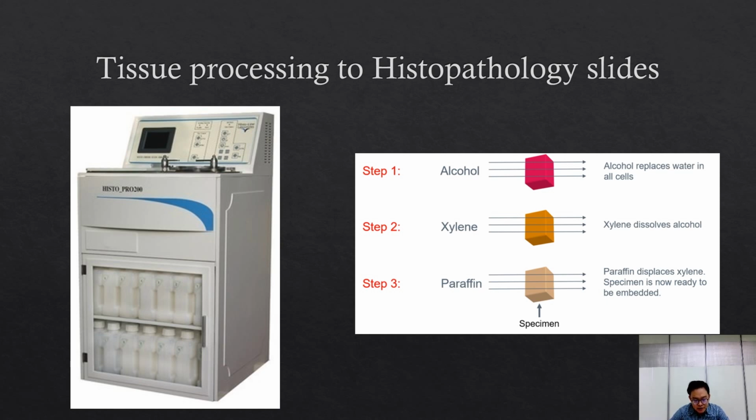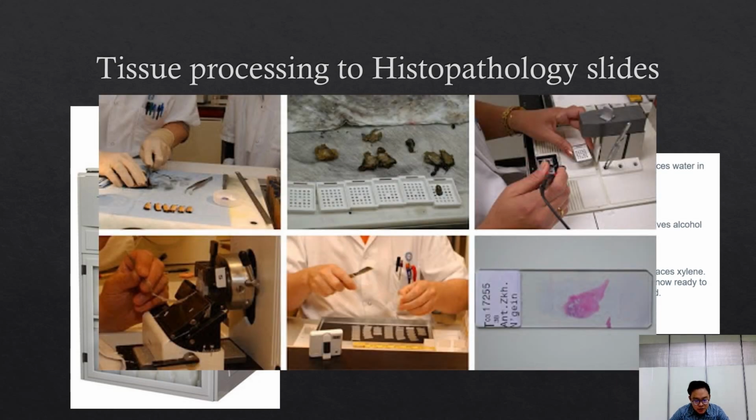The technicians will fix the tissues in the wax and then chill it on the cooling pad to harden it to make a tissue block. So this tissue has gone through all those steps, and then it's in this wax block that can then be trimmed into small tissue sections to put on the slides.